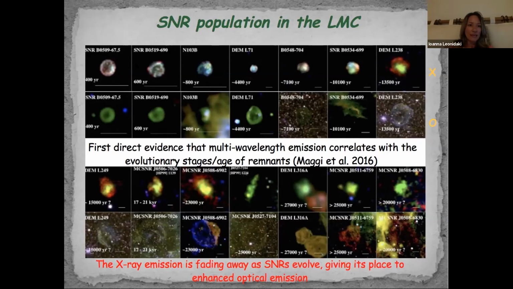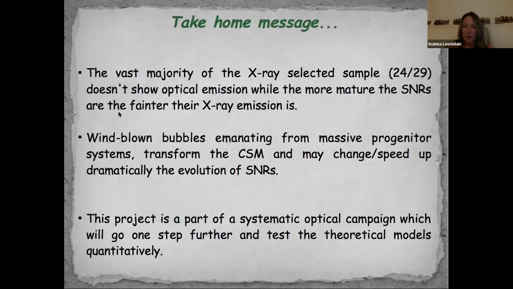As you can see here, you have the X-ray emission and the optical emission for each pair of objects, and the X-ray emission fades away as the SNRs evolve, while the opposite happens with the optical emission. And since I don't want to stress you anymore, I leave you with my conclusions, and thank you.